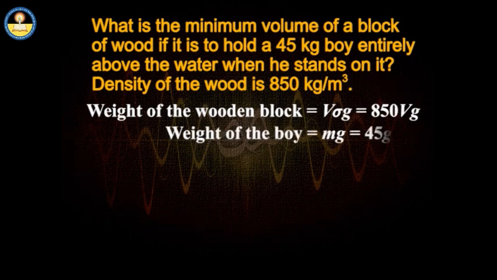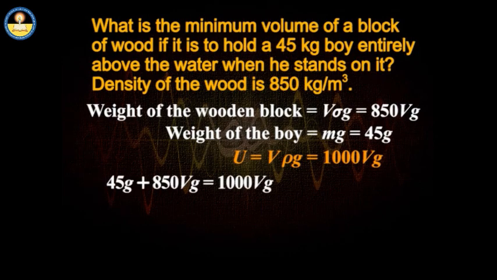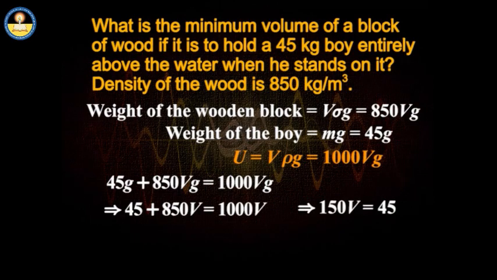The weight of the boy is 45 g and the upthrust, that is the weight of the displaced water, is equal to the product of the volume of the wooden block, density of water and acceleration due to gravity. According to the Archimedes Principle, the weight of the boy and the wooden block must be equal to the buoyant force on the just barely submerged block. This gives the volume of the wooden block as 0.3 meter cube.